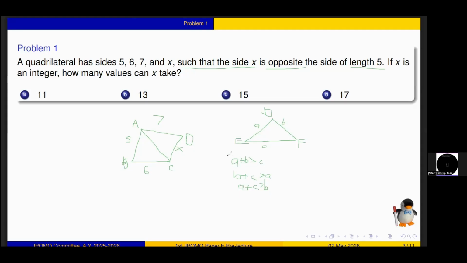So how can we use this information to restrict the values that x can take?